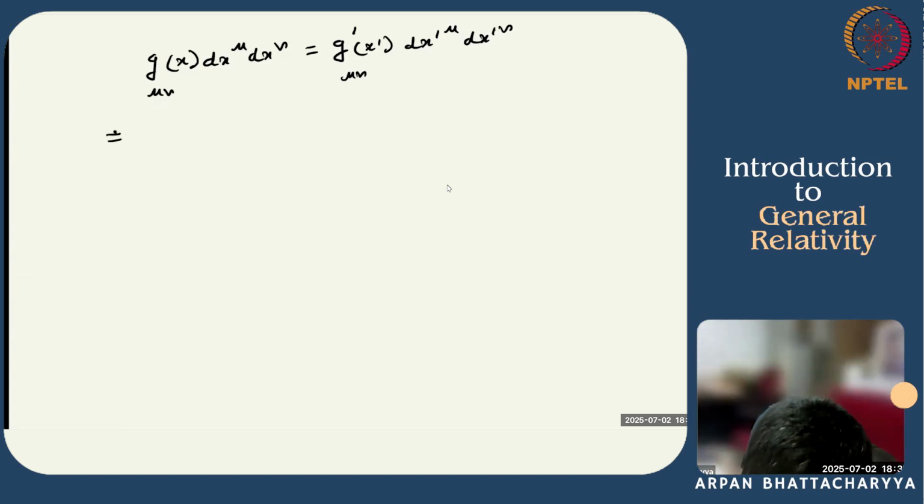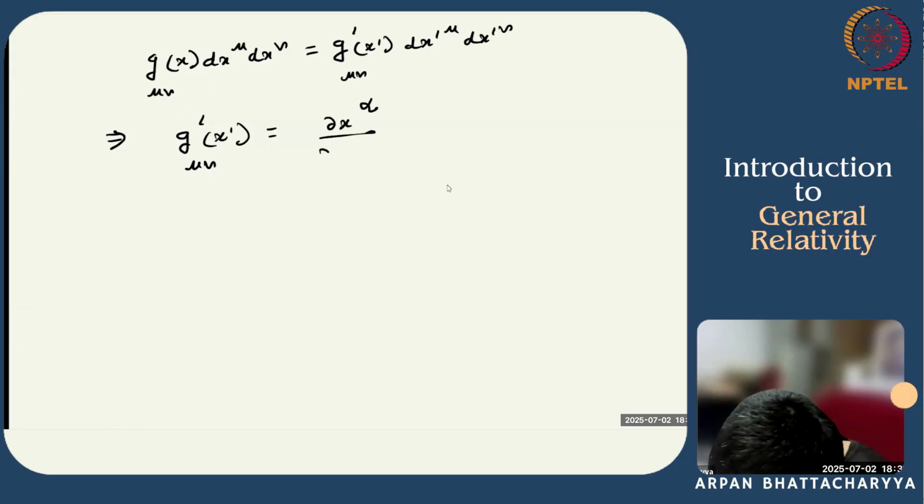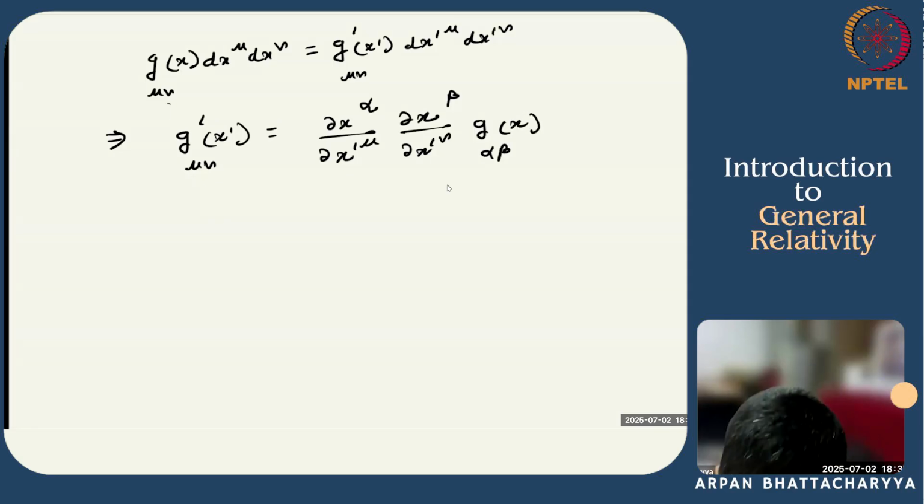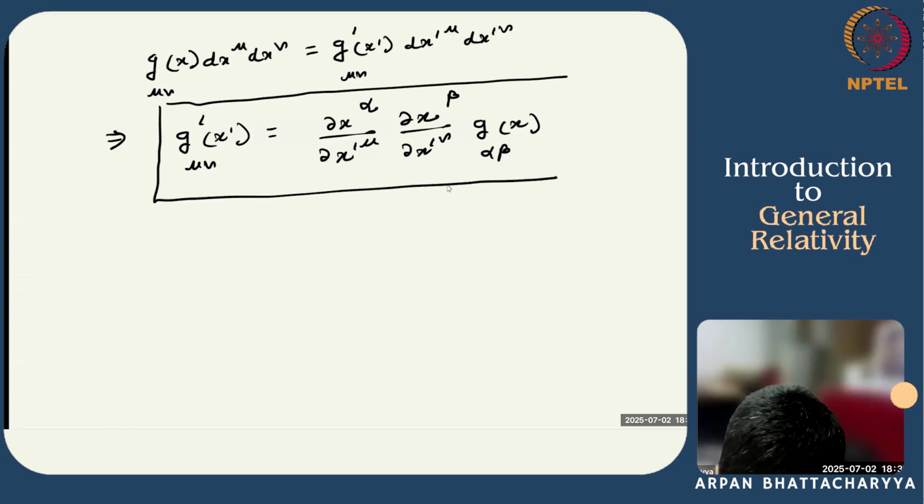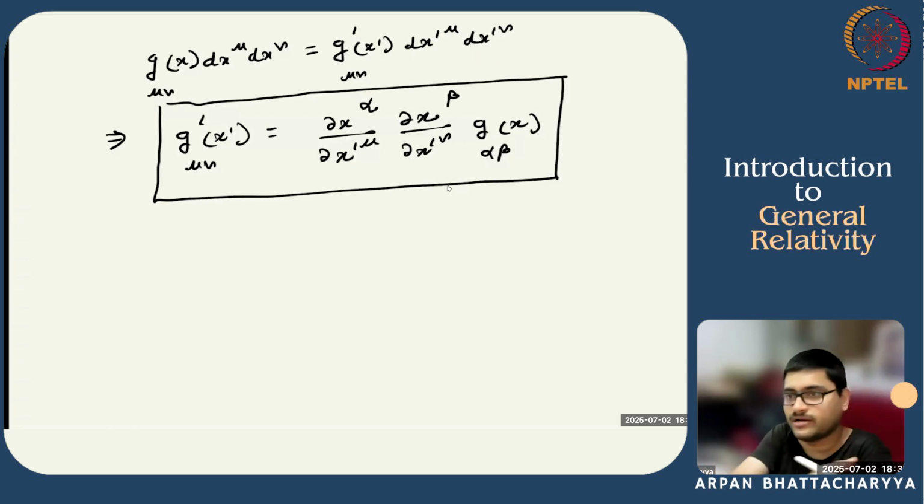From here, it is easy to see that g prime mu nu at x prime equals del x alpha over del x prime mu, del x beta over del x prime nu, times g alpha beta. We just bring this coordinate differential down.